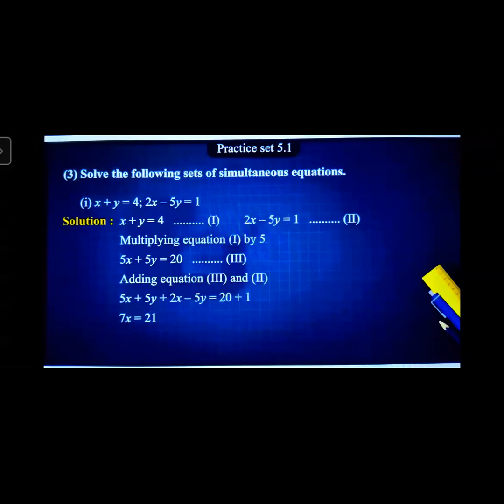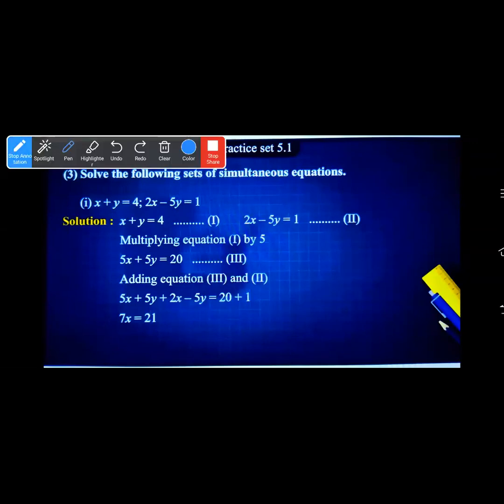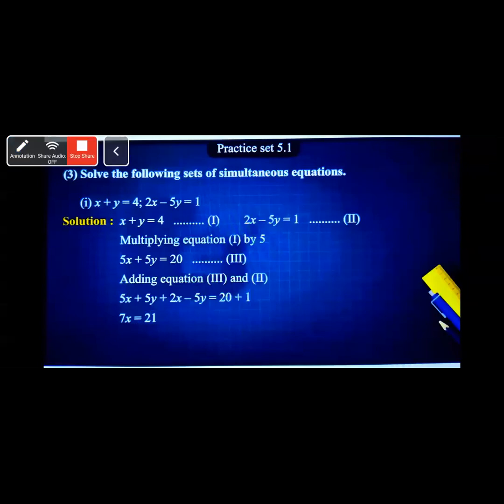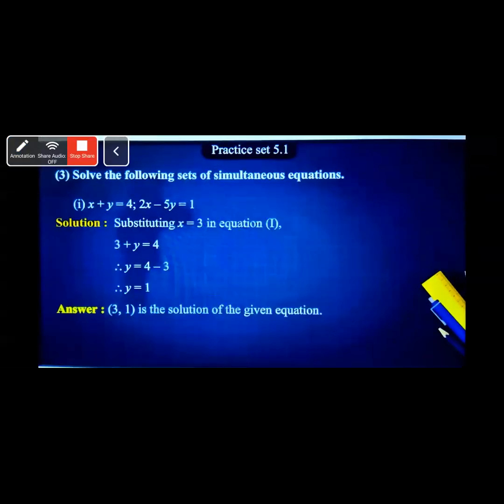So after doing this, this is the third equation. This is your second equation, and this is your third equation. We'll add both equations. You will get 5x plus 5y, and minus 5y will get reduced. We'll get 7x is equal to 21. The value of x is equal to 3.